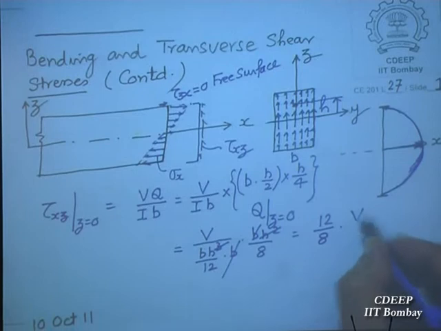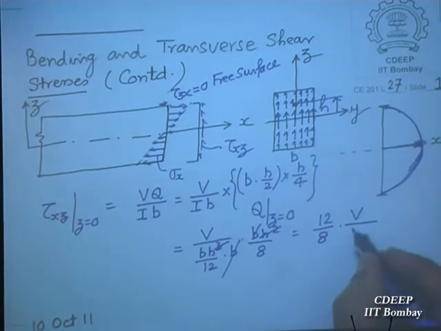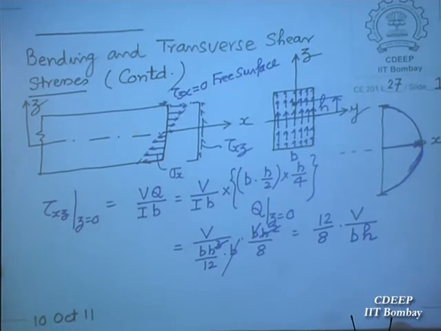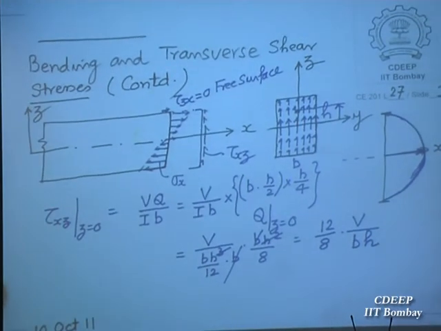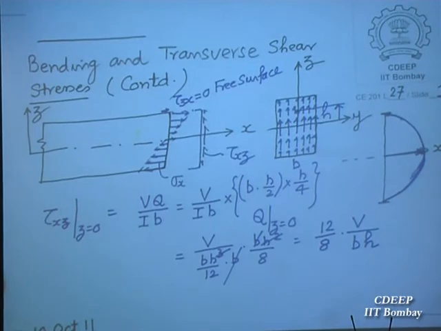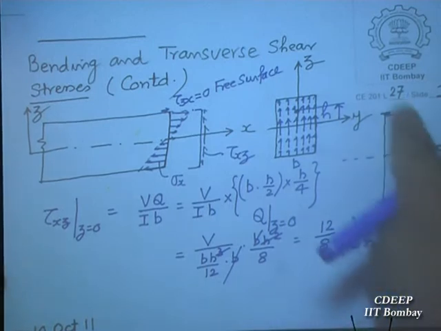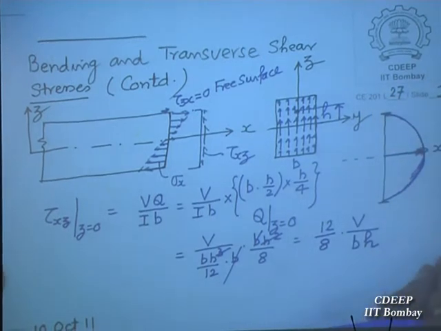V divided by BH. What I am saying is you can find out the value of shear stress at any level. Last time we got a shear stress expression as a function of Z, and that is how we plotted this quadratic. It varies quadratically through the depth.